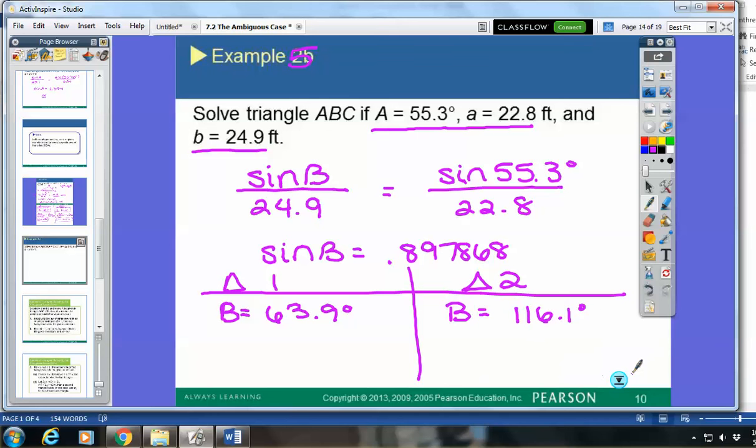So at this point, we're either going to have one or two triangles. We're going to find angle C to determine which case it is. So you do 180 minus angle B minus angle A. And we get 60.8 degrees.